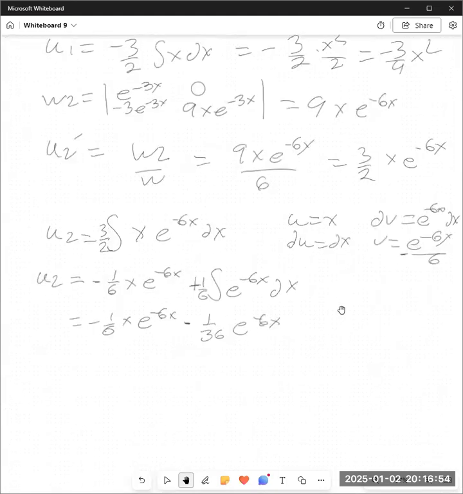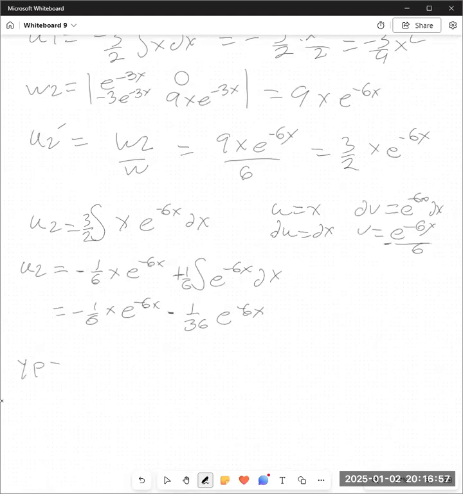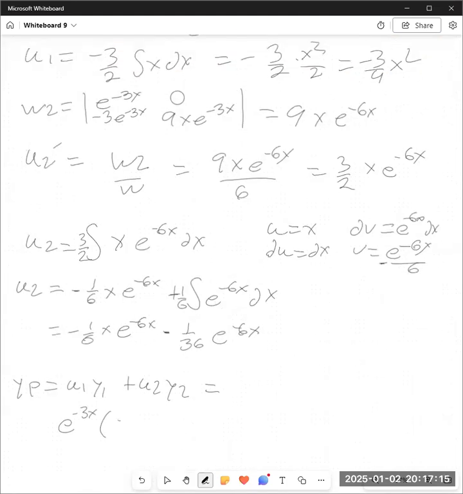And then we're ready to find yp, which is u1 y1 plus u2 y2, which is equal to e to the -3x times u1, which was -3/4 x squared, plus e to the +3x times -1/6 x e to the -6x minus 1 over 36 e to the negative 6x.